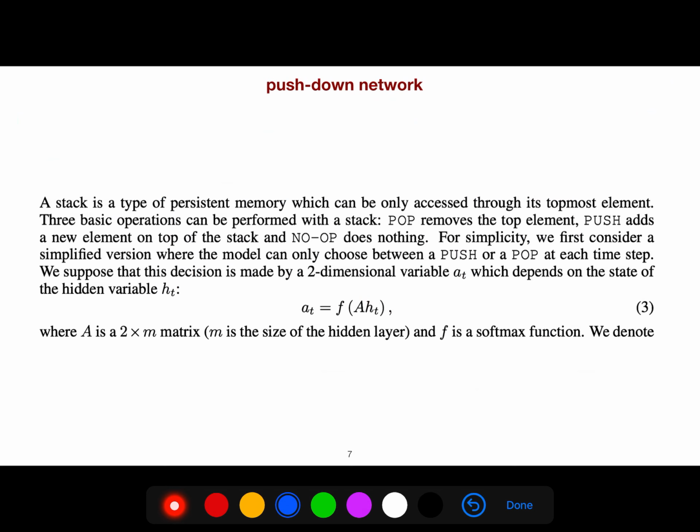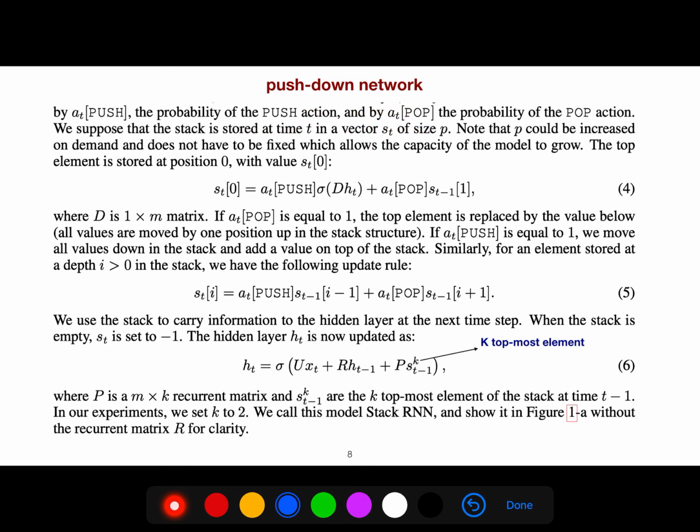And now your action is a combination of a linear matrix, but f is the nonlinearity. And now your push-down network is updated like this. You use the hidden state, but also you use your previous stack vector and the second entry of that. So this becomes the first entry of that.